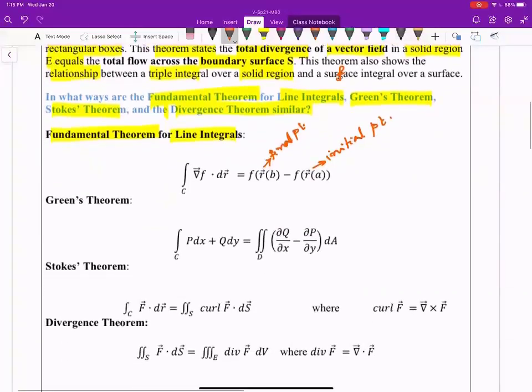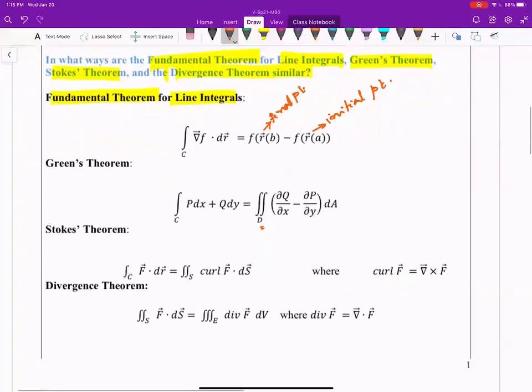Green's theorem states that the integral over the boundary curve C of P dx plus Q dy is the double integral over the domain D of dQ/dx minus dP/dy dA, where C is the boundary curve of the interior region D. Stokes' theorem: the integral over C of F dot dr is the double integral over S of curl F dot dS.